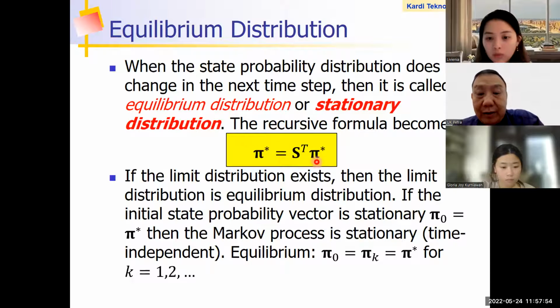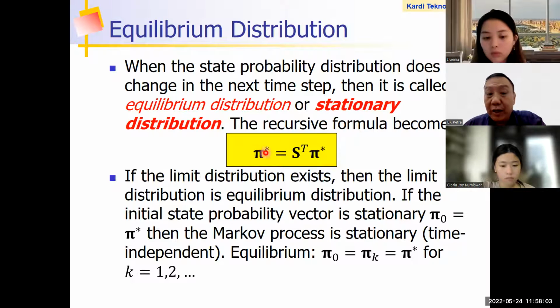To compute that, it is the same as a difference equation, that means the equilibrium value. Regardless of the k, you will have exactly the same value of distribution. We call this a distribution instead of just one number, because we have one vector.